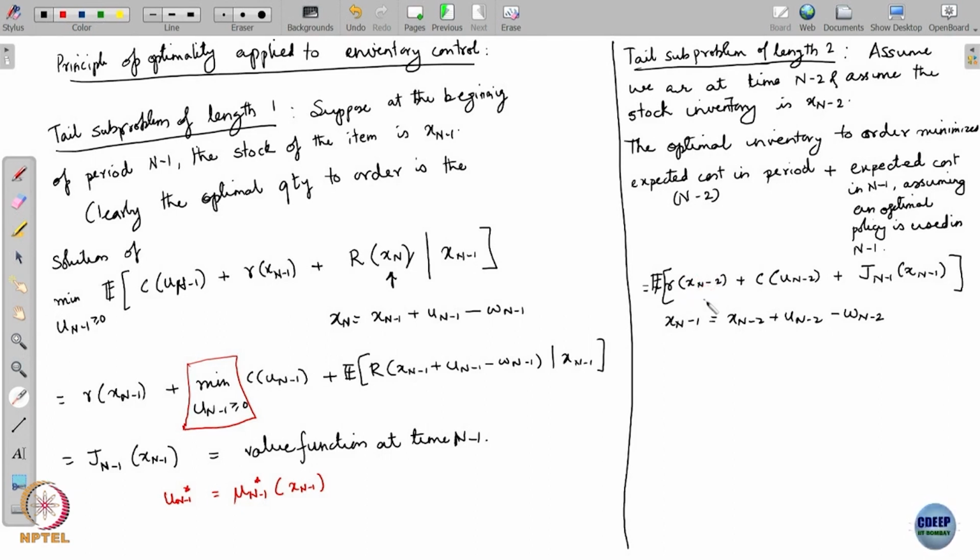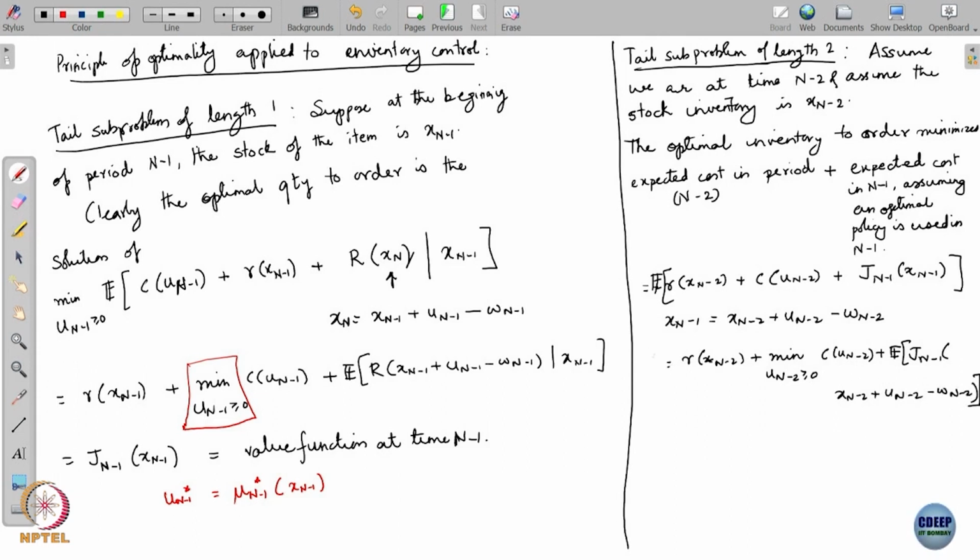Consequently, our minimization over u n minus 2 can be written in this way: R of x n minus 2 plus, minimizing over u n minus 2, C of u n minus 2 plus the expectation of j n minus 1 of x n minus 2 plus u n minus 2 minus w n minus 2.